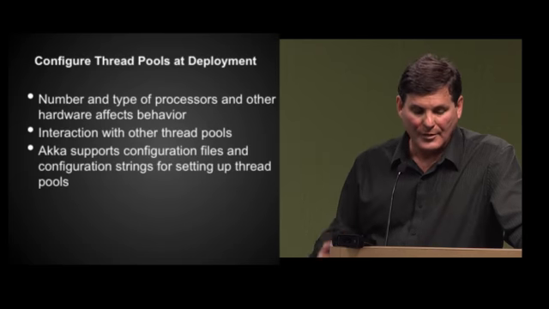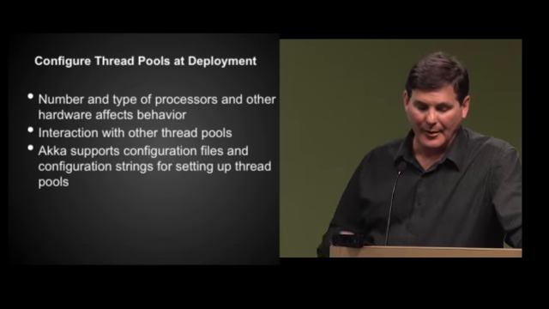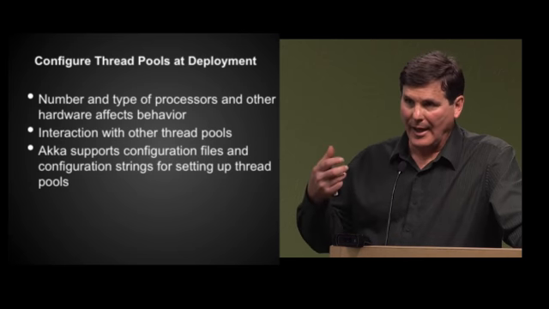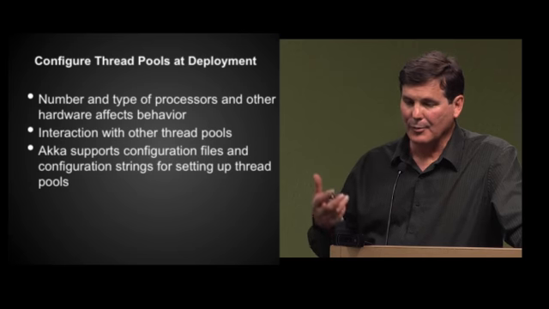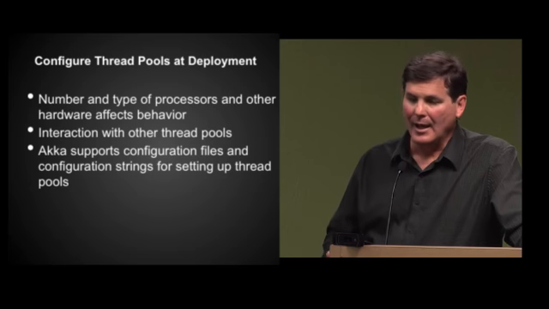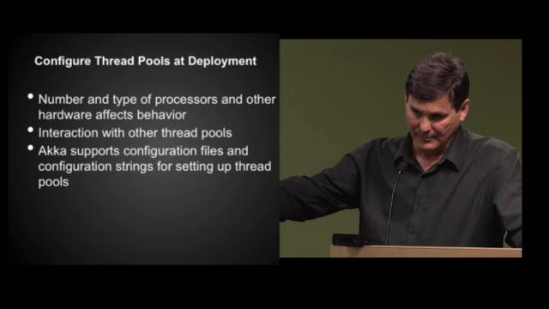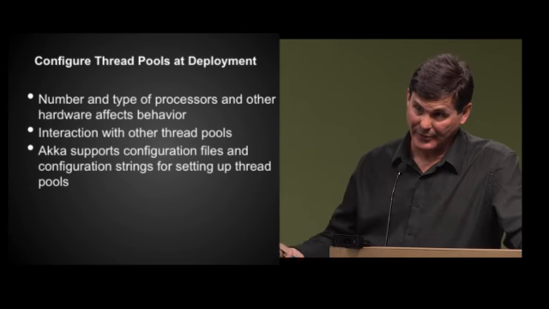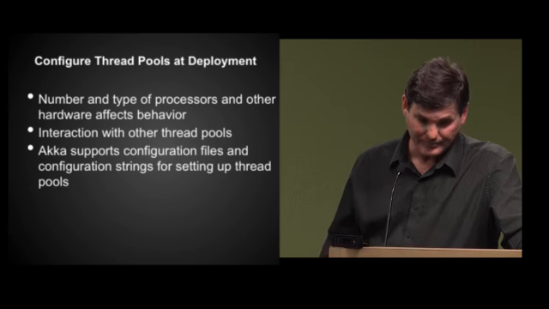So the point that I wanted to make was the kind of processor you have, the number of CPUs, and other things about your hardware will affect how a concurrent program behaves. And so if you test it again on a very different kind of computer, you're going to get very different answers. It might test well on one system and poorly on another.